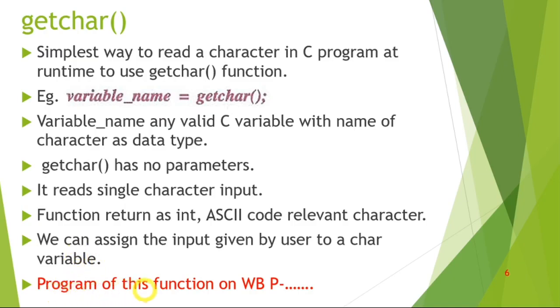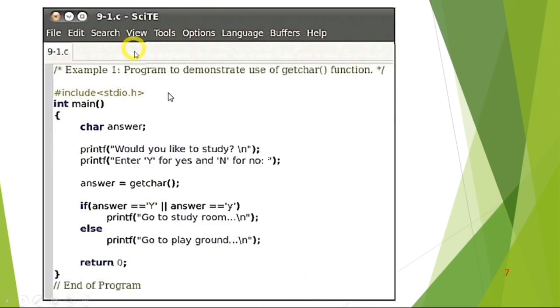So the program of this function is on the workbook page, let's check. Now here it is a SciTE text editor and an example of the getchar function. Here we include the standard input output library stdio.h, and here int main is already given. Now curly bracket start, character answer. What is our declaration? Character answer.